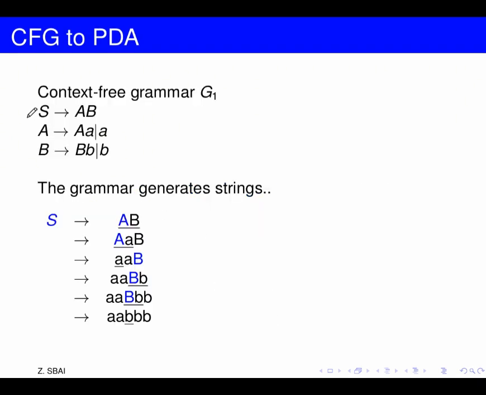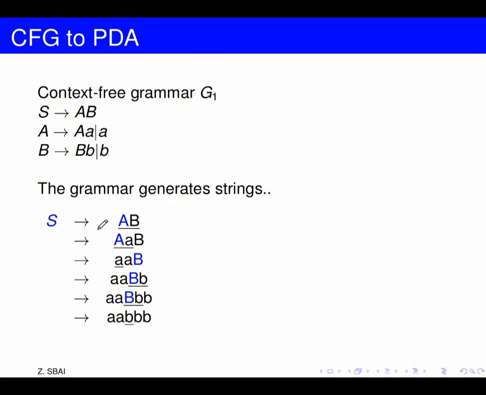Remember that a context-free grammar is a string generator. So in general, if we have a grammar, we can generate strings. And this is possible via making derivations. We start with the start symbol, here S, according to this grammar, and we replace each variable by the symbols that appear on the right-hand side of one of its rules.